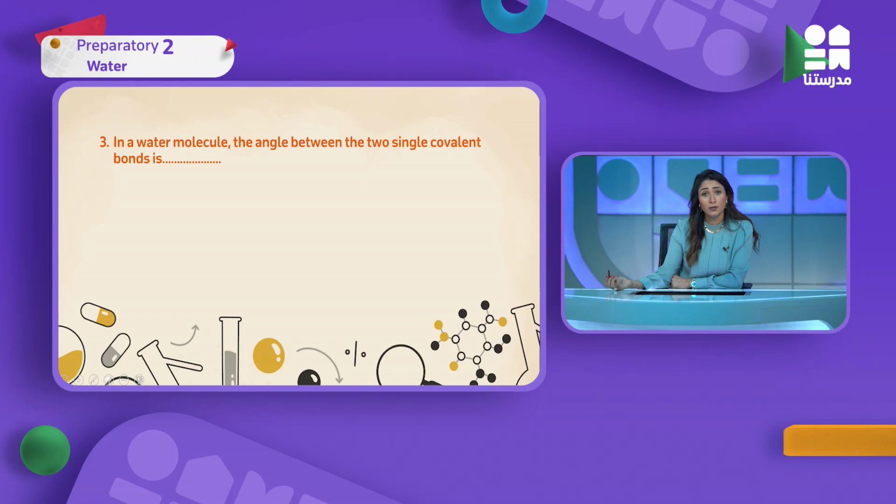In a water molecule, the angle between the two single covalent bonds is. Pay close attention when I read a question: I read to the full stop and I check my answer more than once before I choose it.